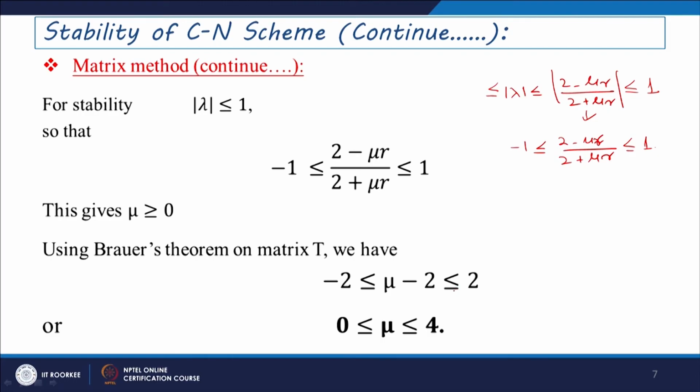Since mu is greater than 0, if you use Bright's theorem, which is especially applicable for the spectral radius that takes the largest eigenvalue in magnitude sense, we are considering this mu to lie between 0 and 4 there.